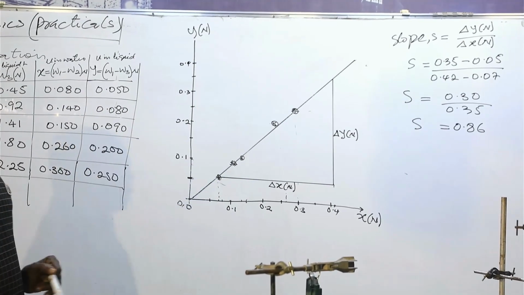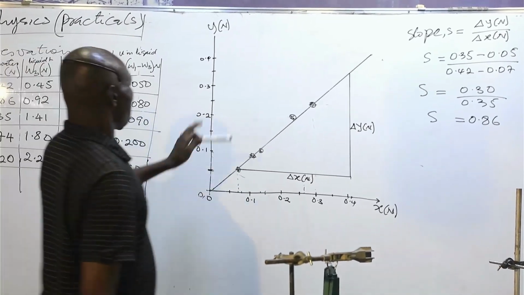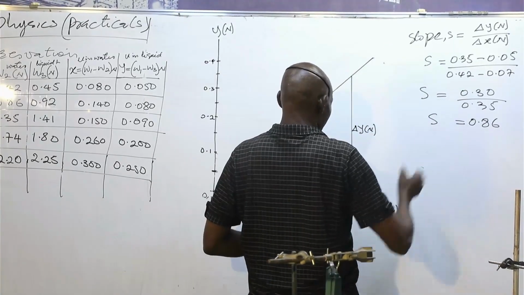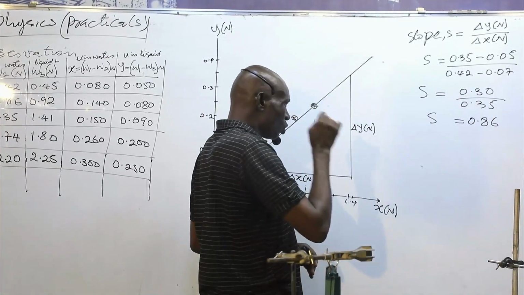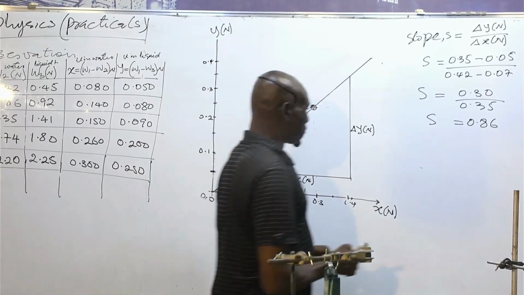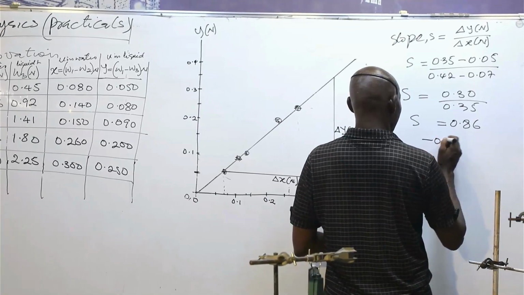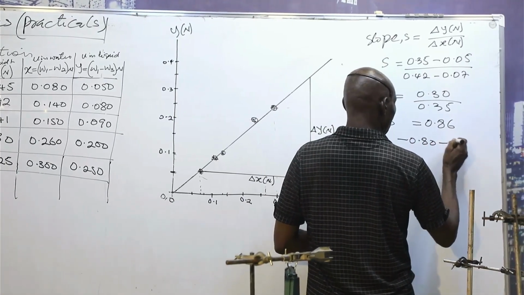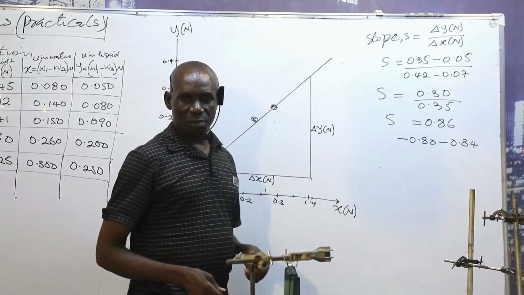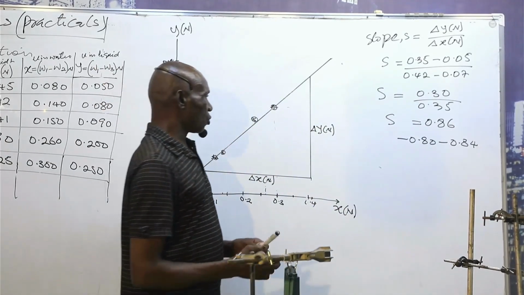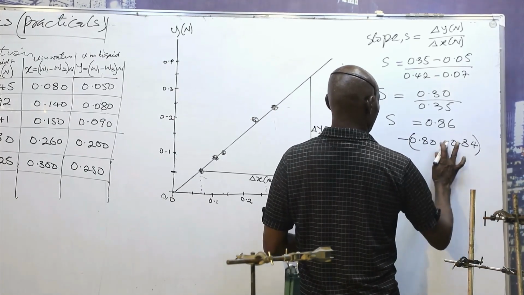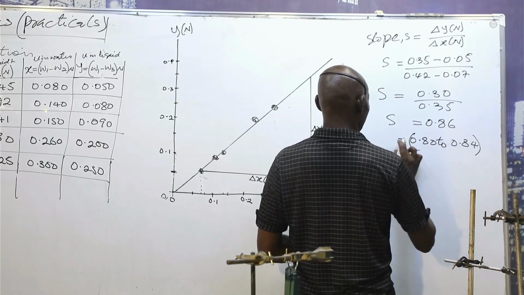Now, what is the value of this 0.86? Because this is a sketch, I got this. If I use a real graph, I will obtain a value between 0.80 and 0.84. The real value is between this.